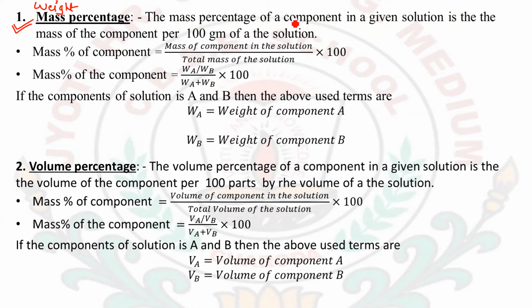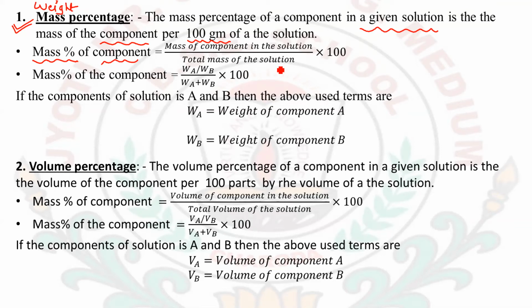The mass percentage of a component in a given solution is the mass of the component per 100 gram of the solution. Mass percentage of the component is mathematically defined as the mass of the component in the solution divided by the total mass of the solution.